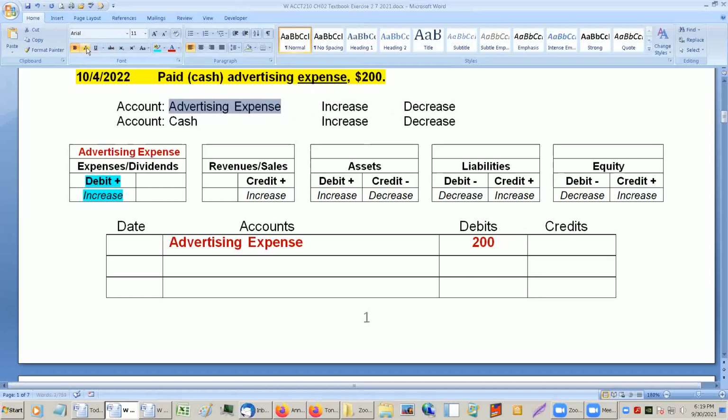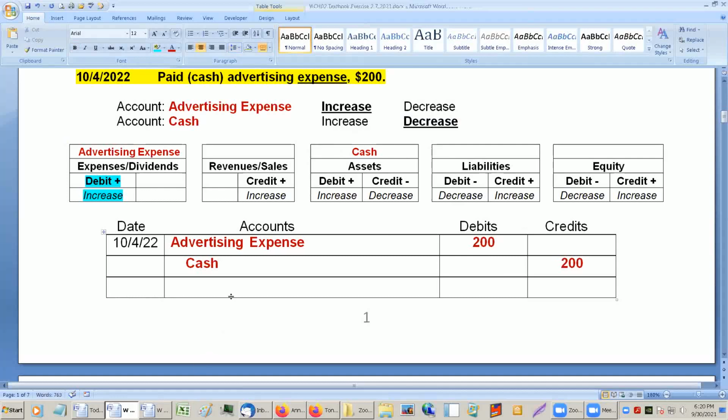Expenses are always going up. Okay, so that's how it began. Expense, debit.